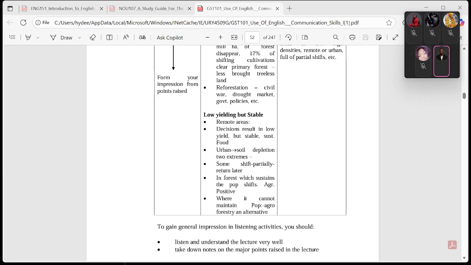Next is critical engagement. This is a very vital skill because it makes you, the listener, capable of forming your own view, rather than an uncritical agreement with or copy of the speaker's views. That means you're able to form something that is not uncritical.